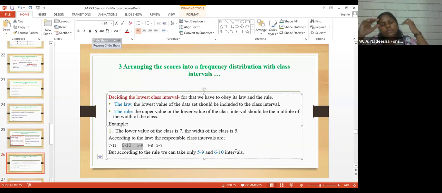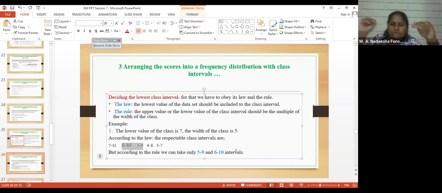By looking at the range of the given data set, we can determine where to start the interval. Then we decide the width of the class.